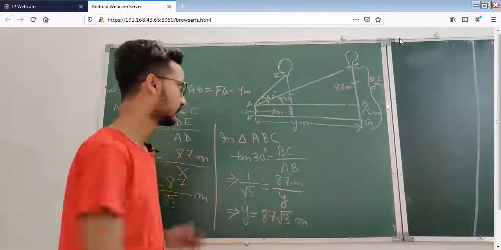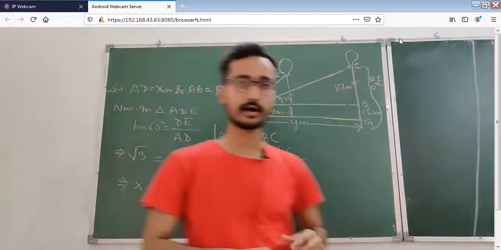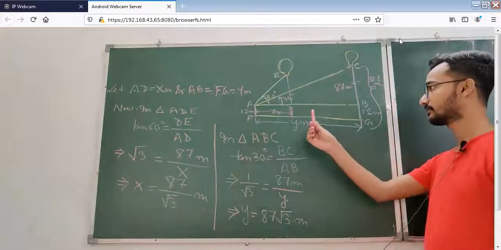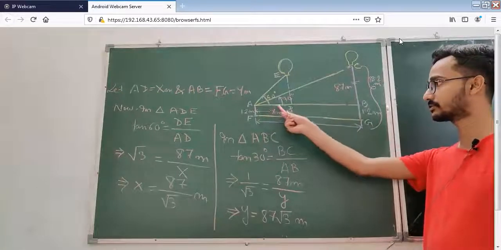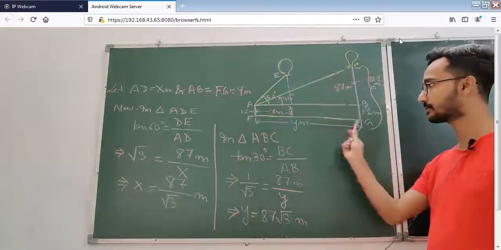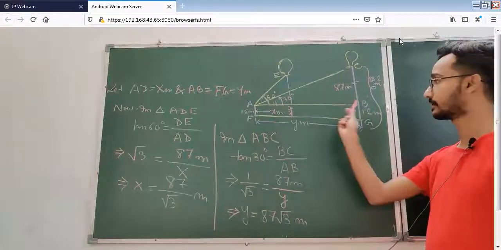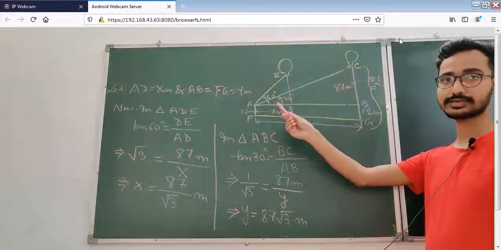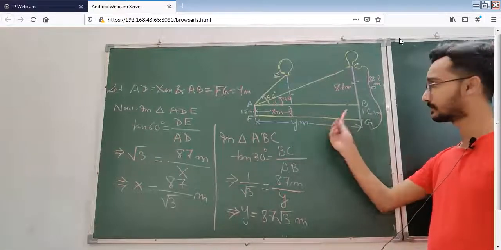Now see, we have to find BD. So how can you find BD? Very easy. If you subtract AD from AB, then you will get BD. That means if you subtract X, because X is nothing but AD, from Y, then you will get BD.